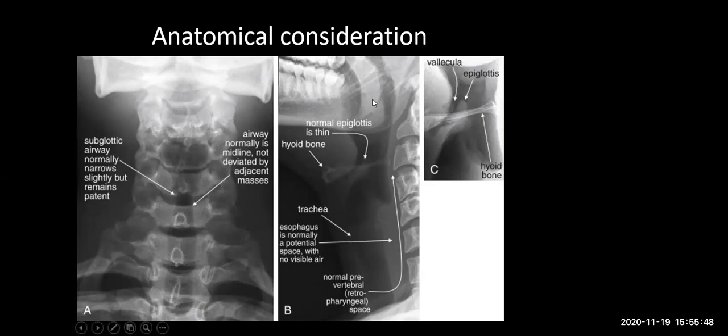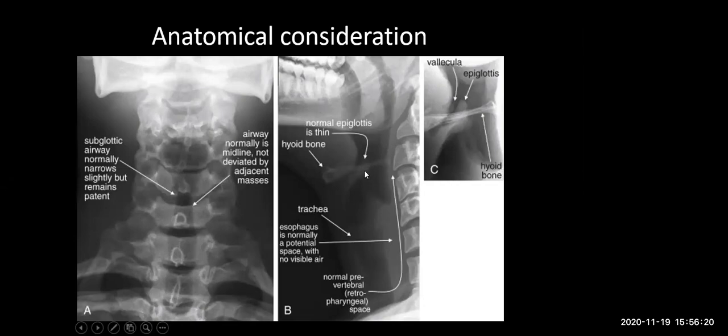Coming to the lateral radiograph, which gives you amazing information, a lot of detail can be obtained. Starting from the pharynx, which is the naso- and oropharynx; naso is opposite to the nose and oro is opposite to the mouth. If you move down, you will see the epiglottis at the level of the hyoid bone.